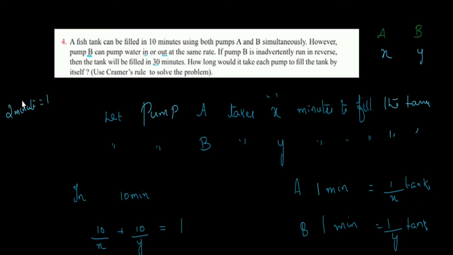See, for example, if a person A takes 2 minutes to do one work, in 1 minute he will do how much work? Half the work. So this is the concept you are using. If he does one work in 2 minutes, in 1 minute he will do 1 by 2 work. So suppose a pump A takes 2 minutes to fill the tank, in 1 minute it will fill half. Likewise, in 1 minute it will fill 1 by X.